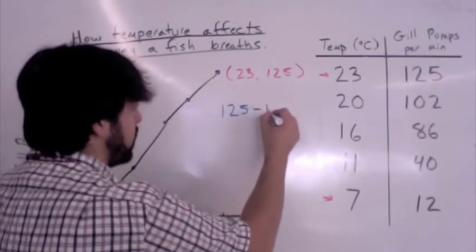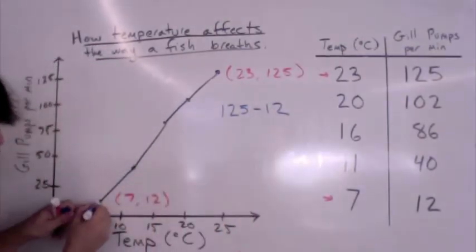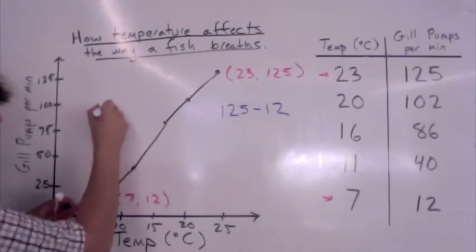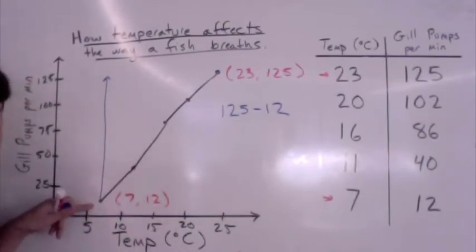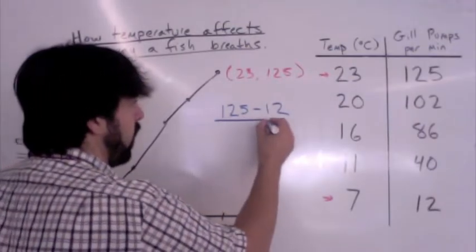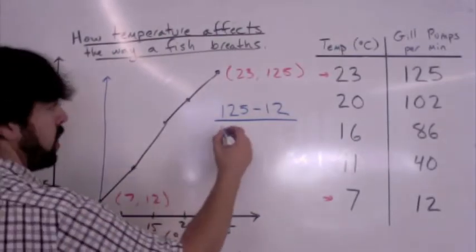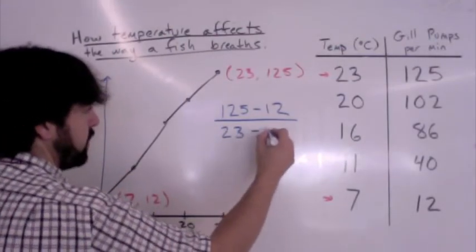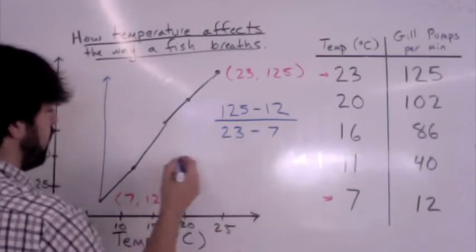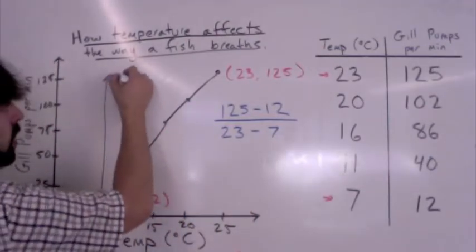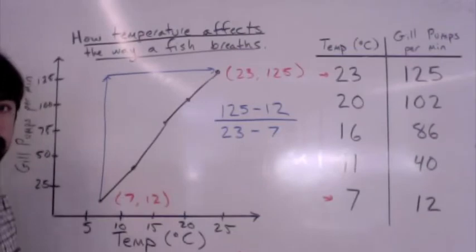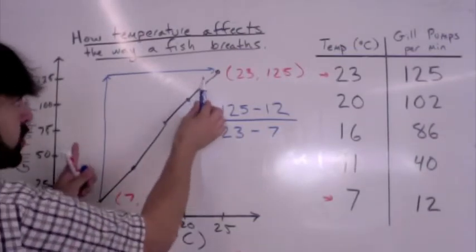125 minus 12, because you went from 12 up to 125, over, and you could count it all the way out, 23 minus 7, because you went from 7 over to 23. So it's that range right there.